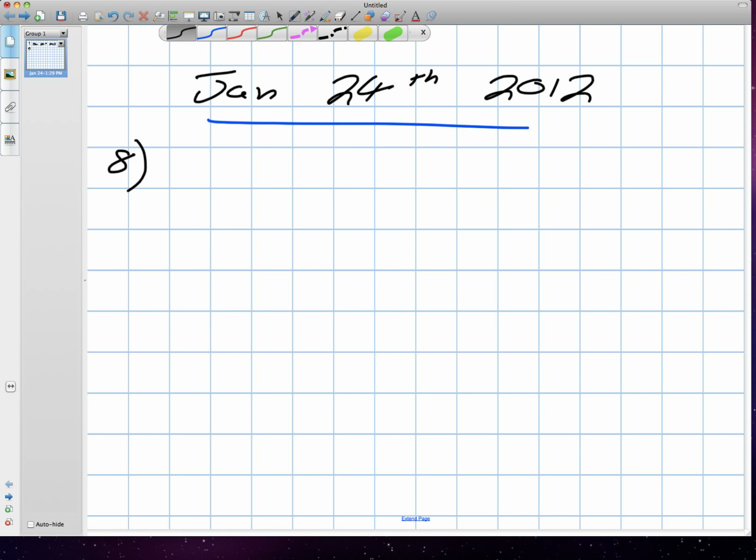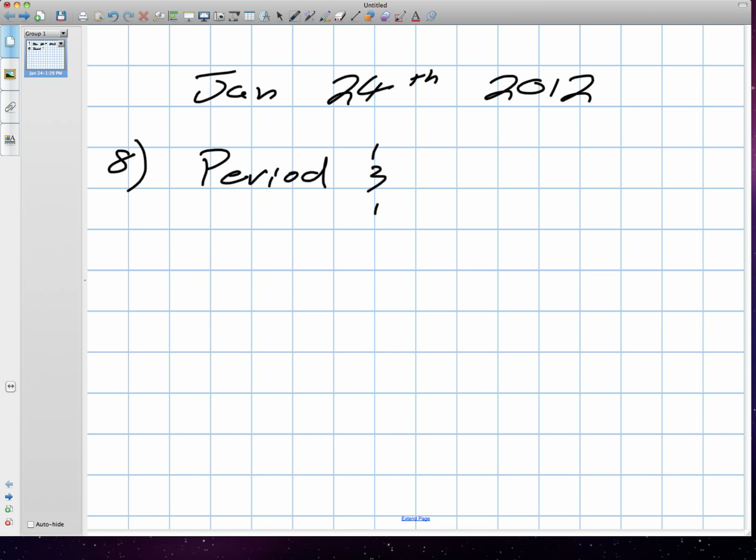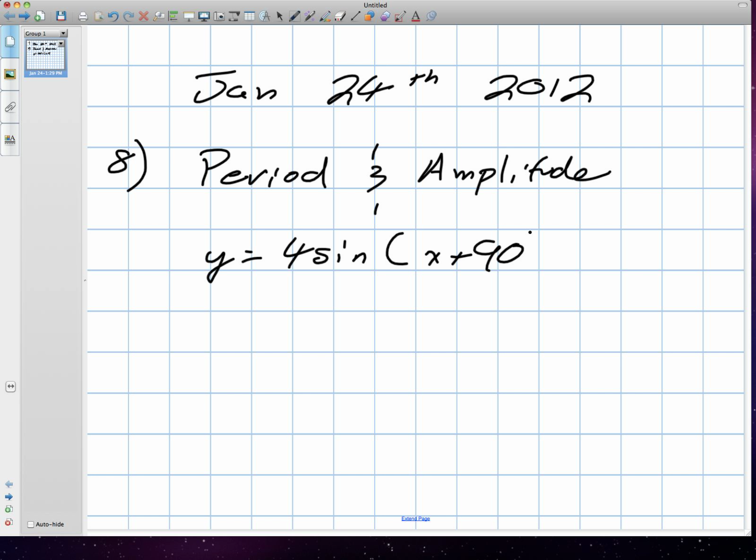The exam review asks us for the period and amplitude of this function, which is y equals 4 sine x plus 90 minus 3.